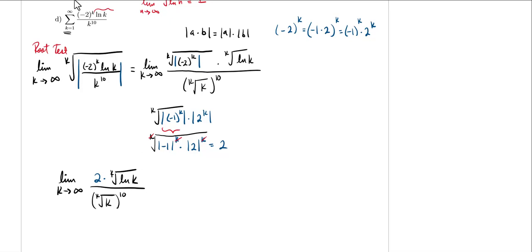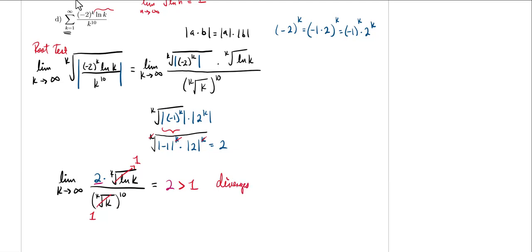Now, this is where our special limits come into play. The kth root of the ln of k is just a 1, and the kth root of k raised to the 10, well, that's the same thing as getting a 1 to the 10th power, which gives us our final answer of 2. Now, 2, unfortunately though, is a number that's greater than 1, so therefore the series diverges.